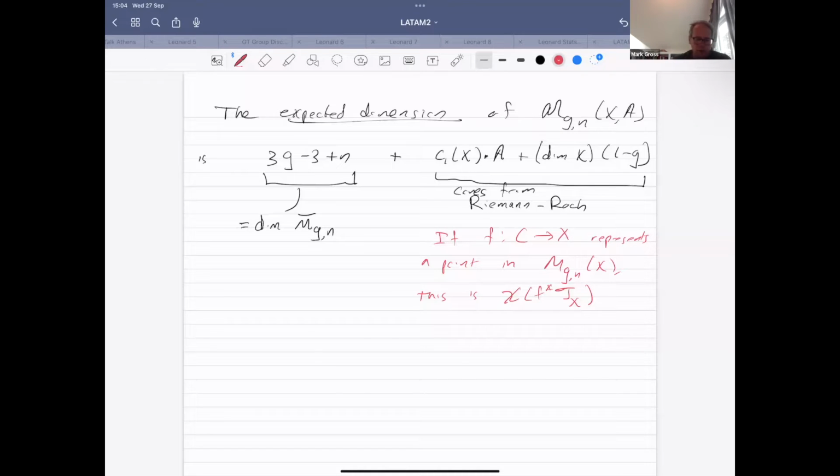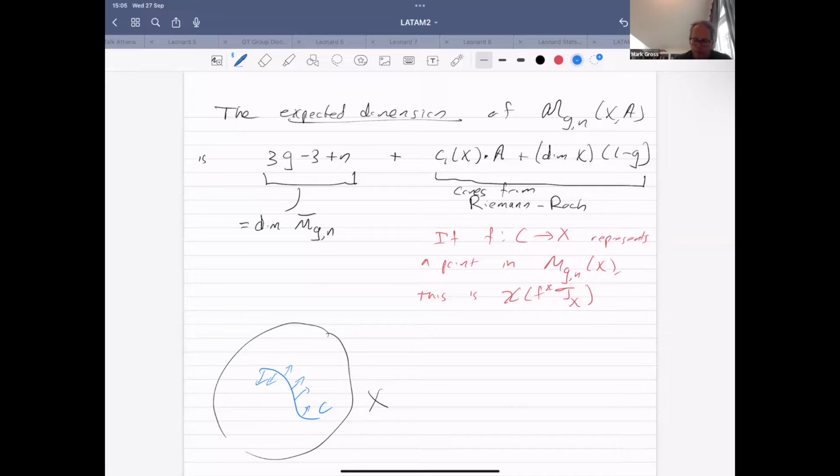So the idea is more or less as follows. Maybe it's easier to think about these as embedded curves. If you have X and you have a curve C in here, so here I'm assuming that the map f actually embeds C in X, then you can ask, how many ways are there of deforming C inside X while we keep the curve C itself? We don't change the isomorphism type of the curve C. And so the answer is if you have any vector field along C, then at least infinitesimally, you can deform C in the direction of the vector field.